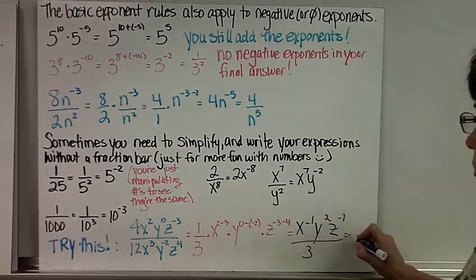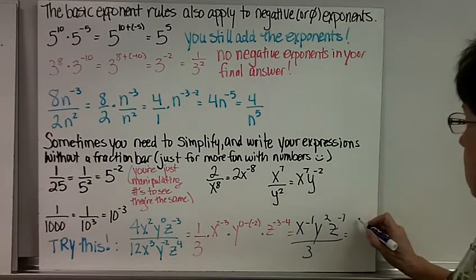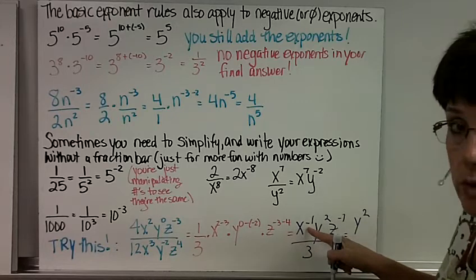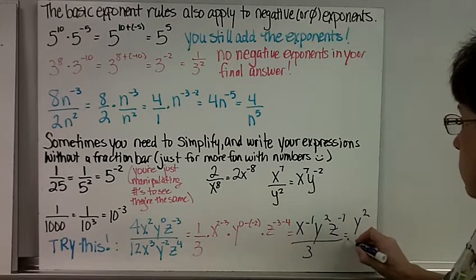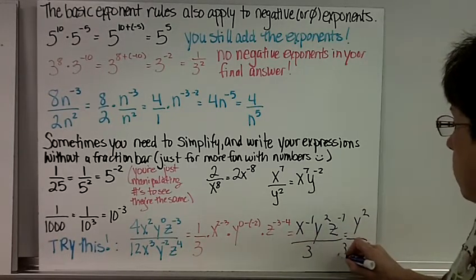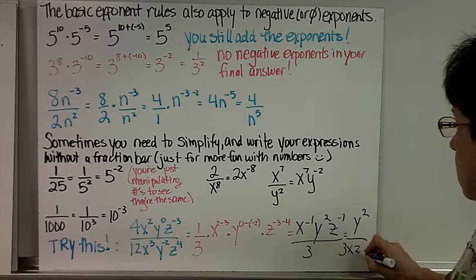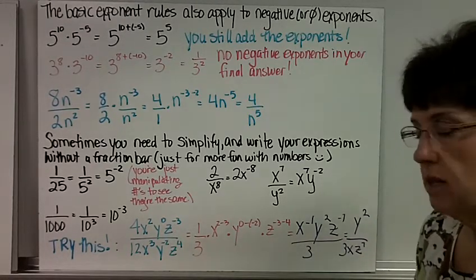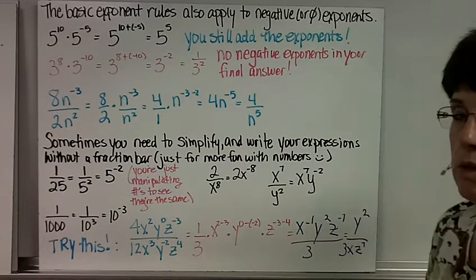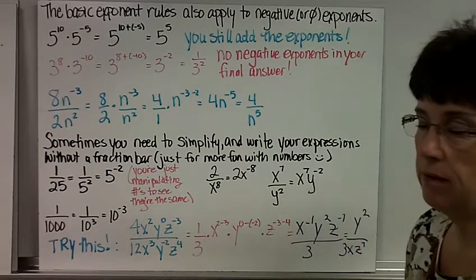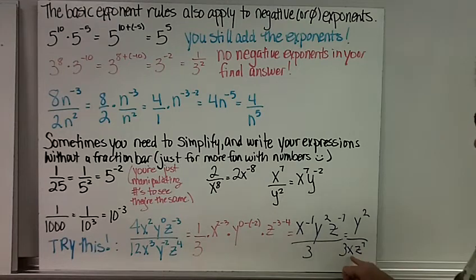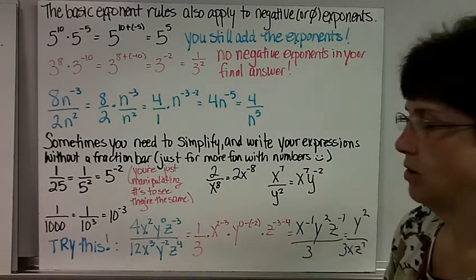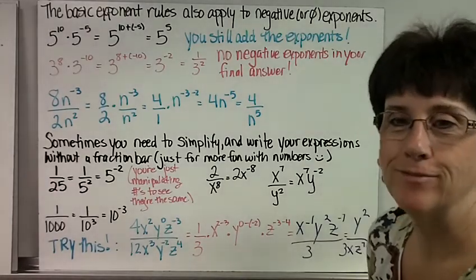So when I rearrange everything and get rid of my negative exponents, it just becomes y squared, because this is a negative, so it's going to go in the denominator, and that's a negative, so it's going to go in the denominator, over 3x z to the 7th. And notice when I move the negative 1, I don't write the positive 1 down there, because we don't write that when the exponent's just 1. So I think that's kind of fun. I think this is the part you get to do when you learn everything. All right, that's it.